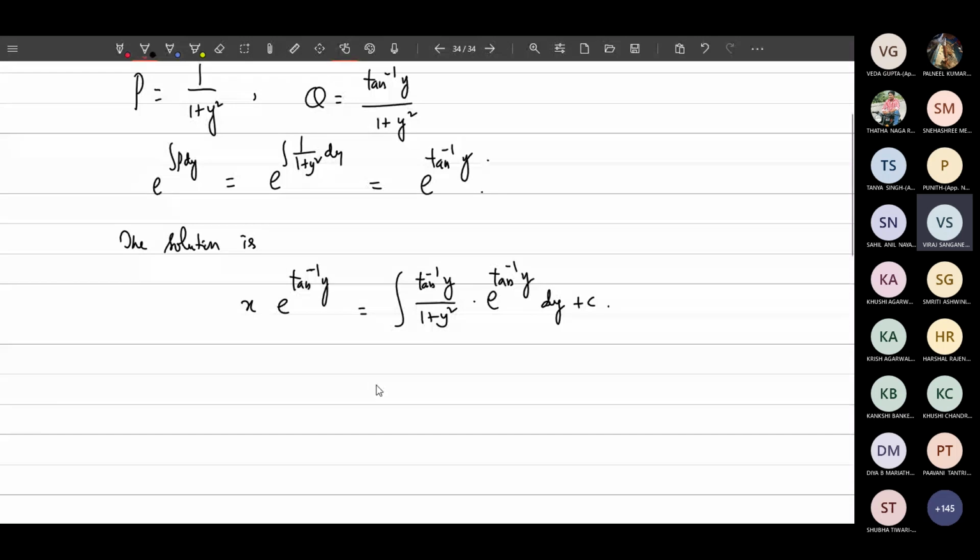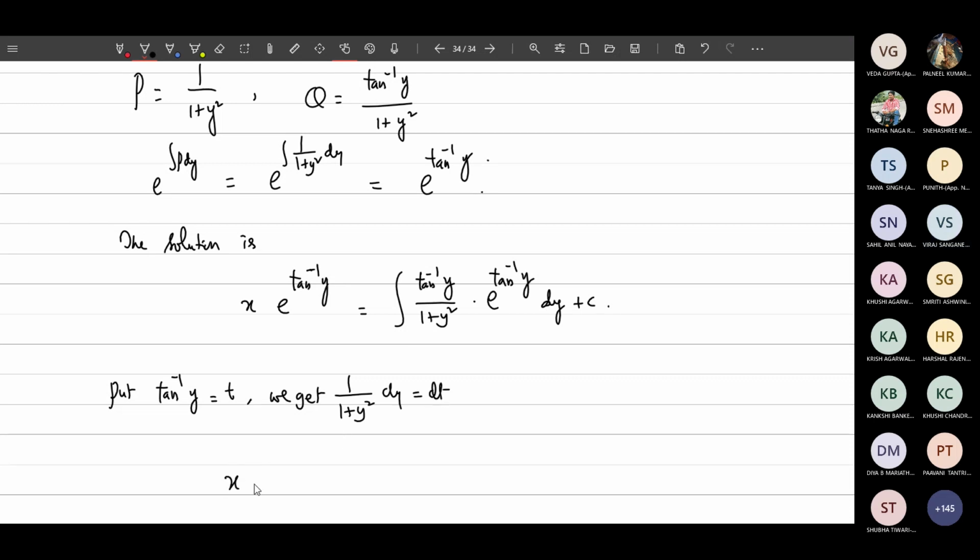Like in the previous problem, you just take the standard substitution: put tan inverse y equal to t, and we get 1 by 1 plus y square dy is dt.